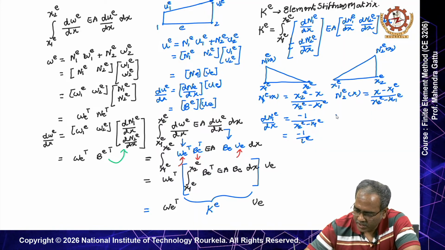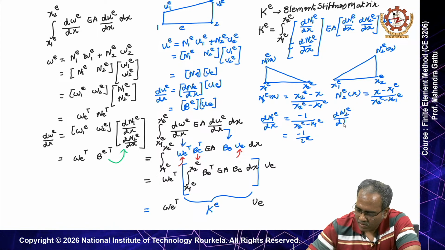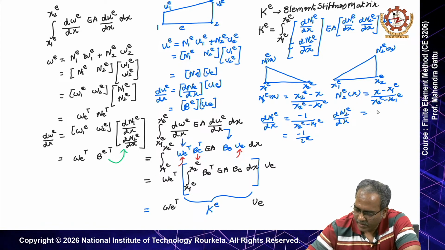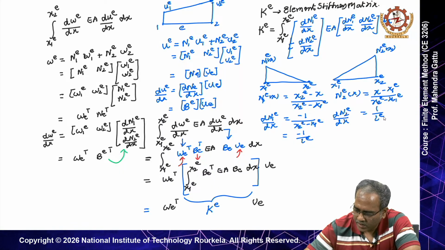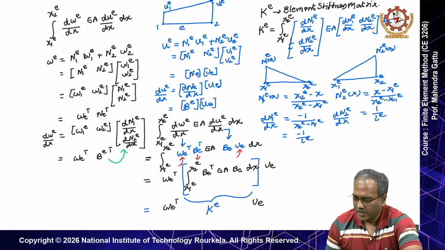Okay. So, dN2e by dx will be 1 by Le. Okay. So, let us evaluate the integral Ke.